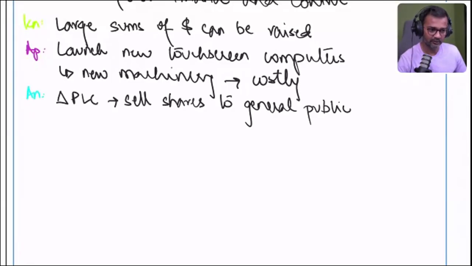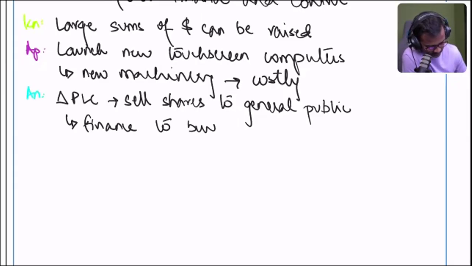Okay. So when you can sell shares to the public, you can get enough finance to buy new production lines, production areas, and things like that.